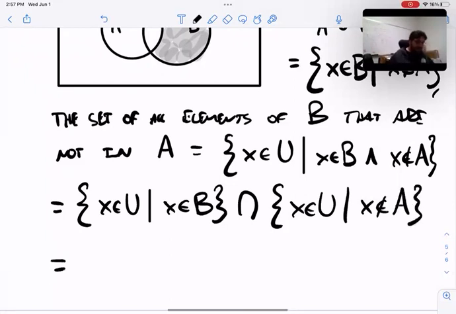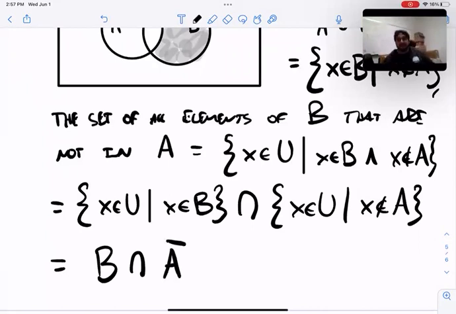But I actually have names for all of these now, right? I have names for all of these sets. The set of all X such that X is in B. Well, that's just B, right? The first set is literally B, the set of all elements of X that are in B. I just said the same thing twice, right? Now the second set is the set of all elements that are not in A. We have a name for that. That's called A complement.